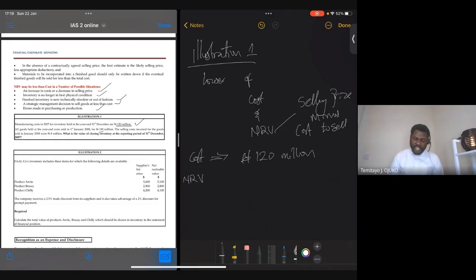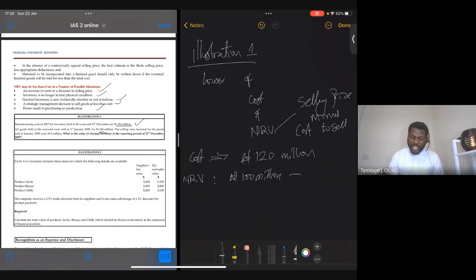Now, in this case, we know what the selling price is. The selling price, we're told, is 100 million, minus what? Now, looking at the question, they said the selling cost incurred for the goods. Now, your cost to sell are those costs you incurred in the process of selling that particular inventory.